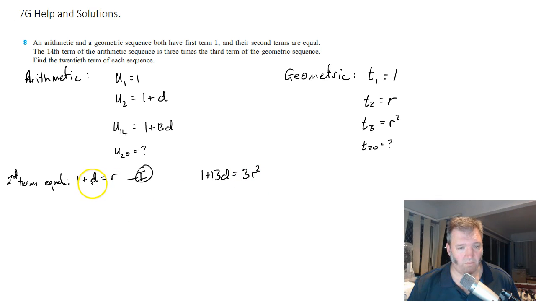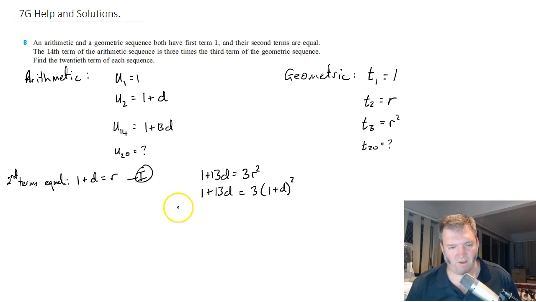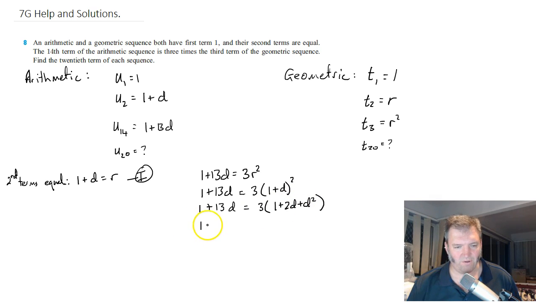Okay, well, R I'm going to replace with 1 plus D, and this is going to become pretty easy. So I've got 1 plus 13D equals 3 times (1 plus D) all squared. A bit of quadratic. Too easy for guys like you, nearing the end of school, getting excited I hope. 1 plus 2D plus D squared, you now never mess that up, you always expand that correctly now, it's so good. 1 plus 13D equals 3 plus 6D plus 3D squared.